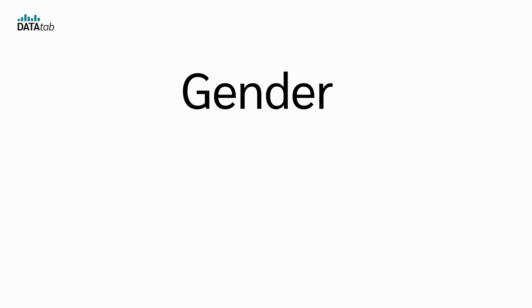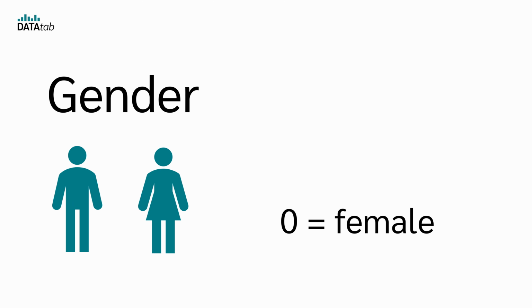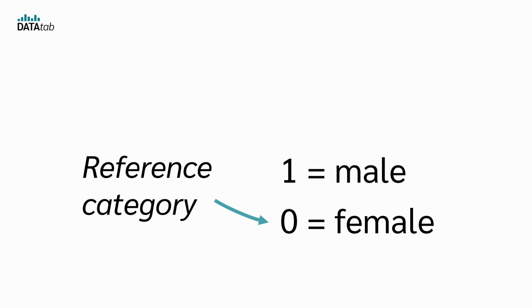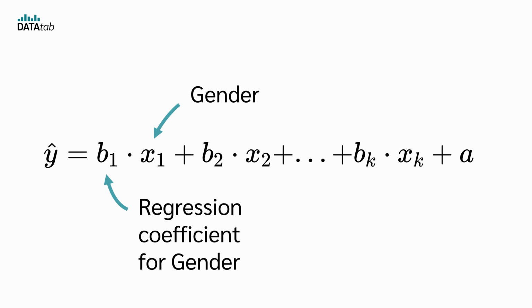Imagine we have the variable gender with the categories male and female. Now we can code female as 0 and male as 1. The category coded with 0 is our so-called reference category. Alright, let's take a look at the regression equation. Suppose the variable x1 represents gender, then b1 is the regression coefficient for gender.